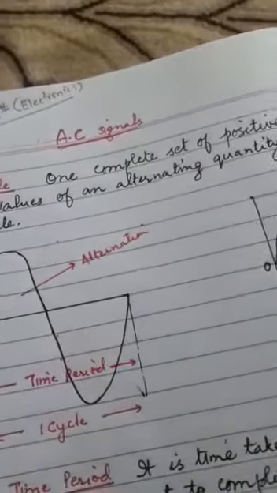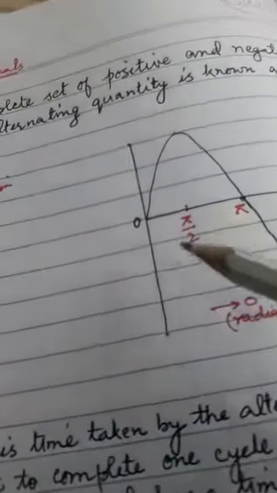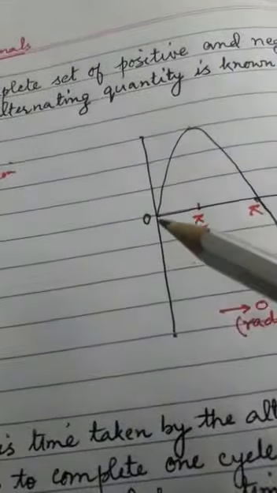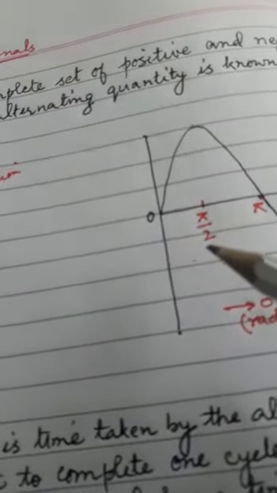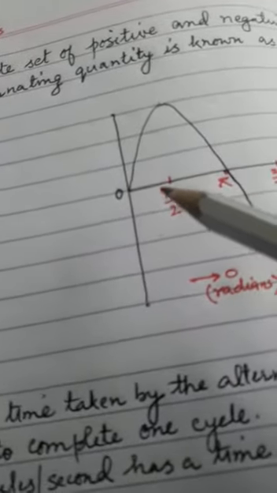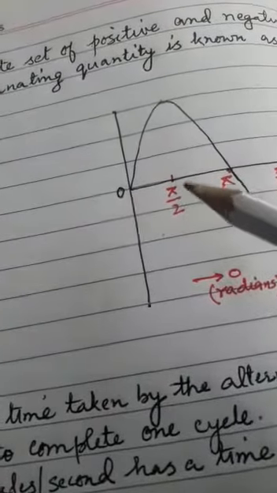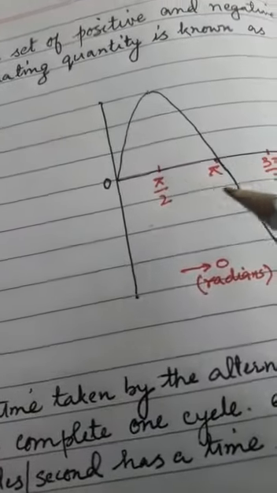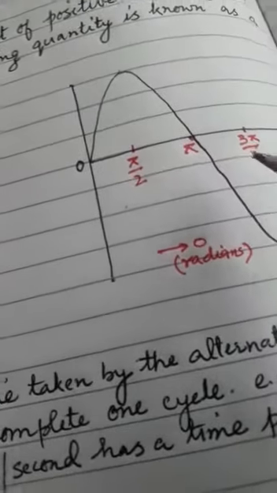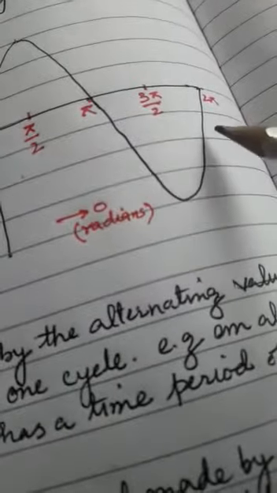Followed? This cycle has different phases. In between, it has pi by 2. Pi has the value 180, which means this is 90, this is 180, this is 270, and that is 360.